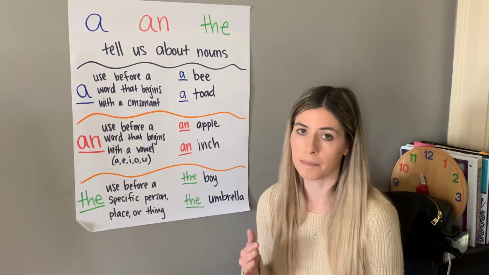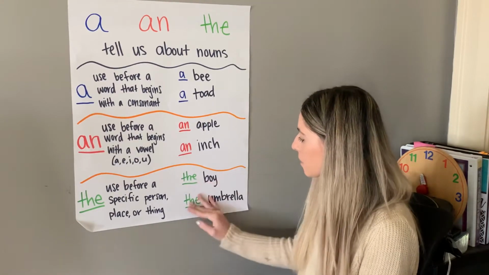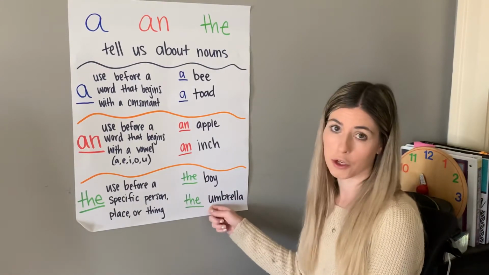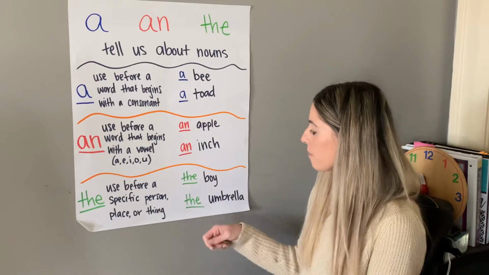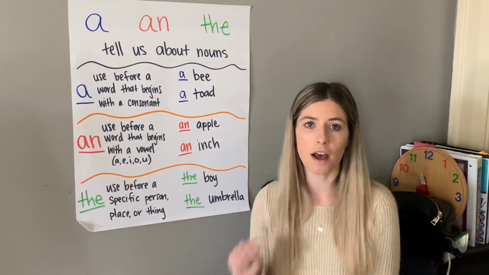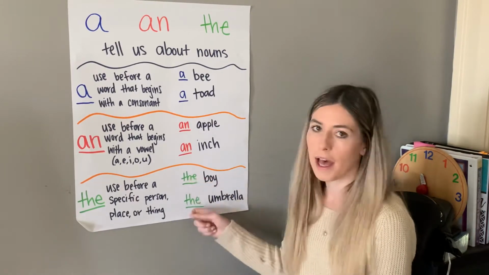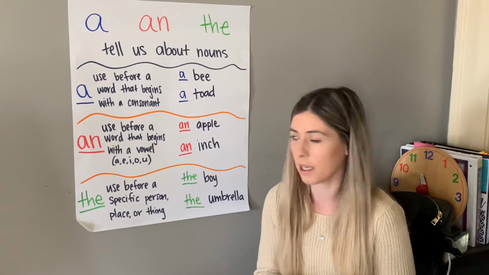You know which boy I'm talking about when I say the boy. Okay? Or the umbrella. Umbrella starts with a U, that's a vowel, but we can still use the. The works with either one. The umbrella, not just any umbrella, but the umbrella with polka dots. So, the is specific. It's a certain person, place, or thing that you're talking about.